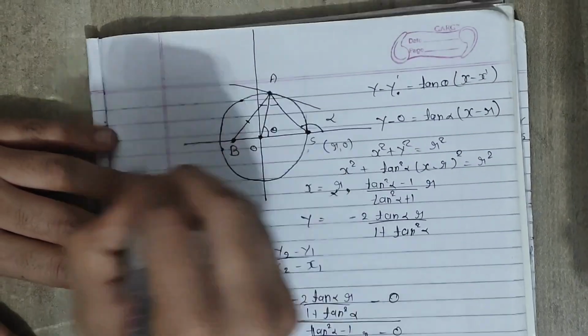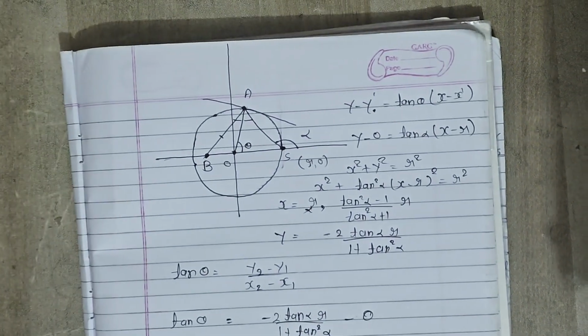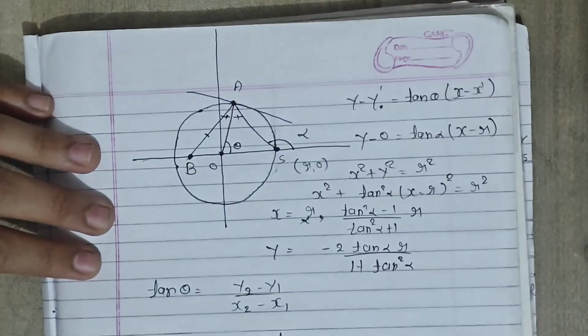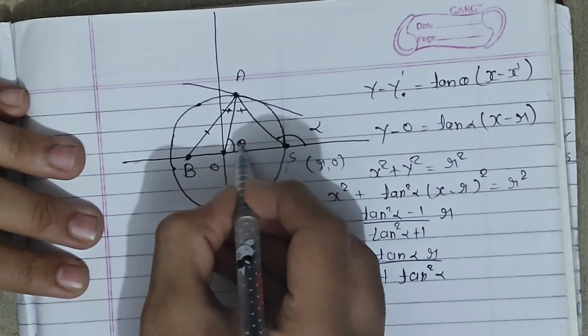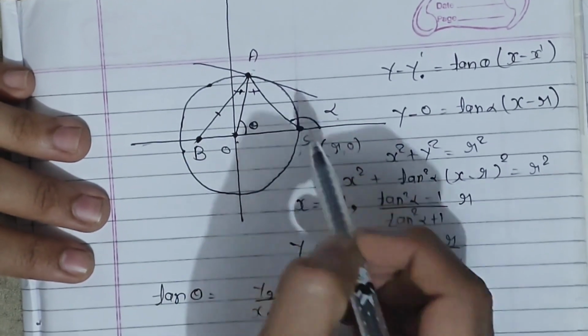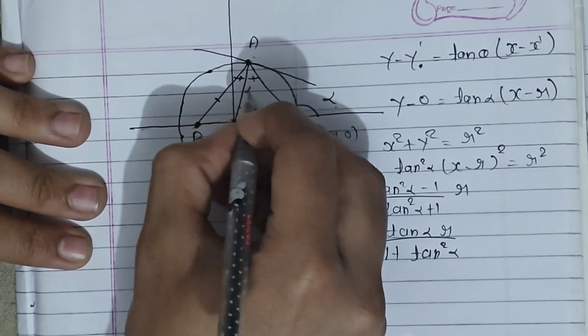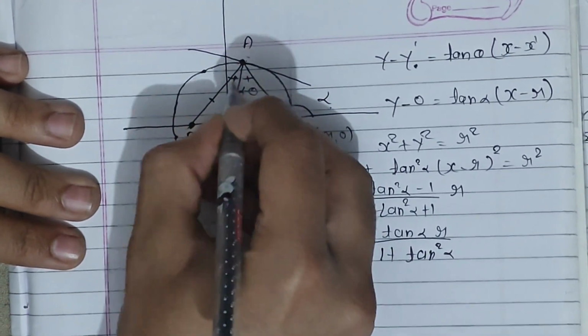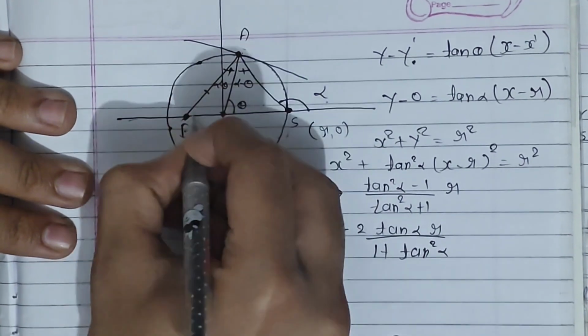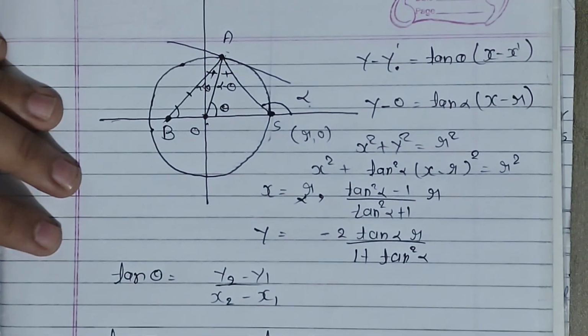Now take this point as B. Now in triangle BAS, I have to find this angle first. In triangle AOS, by the geometry of the triangle, the angle at A will be alpha minus theta, and by the laws of reflection, this angle will also be alpha minus theta.